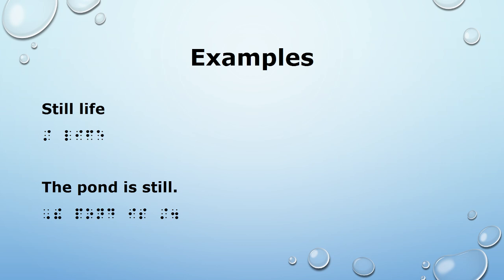Next, we have here a sentence: the pond is still. Here we make use of the contractions for the word the, and also for the word still. So we're able to save a lot of spaces and braille cells here.